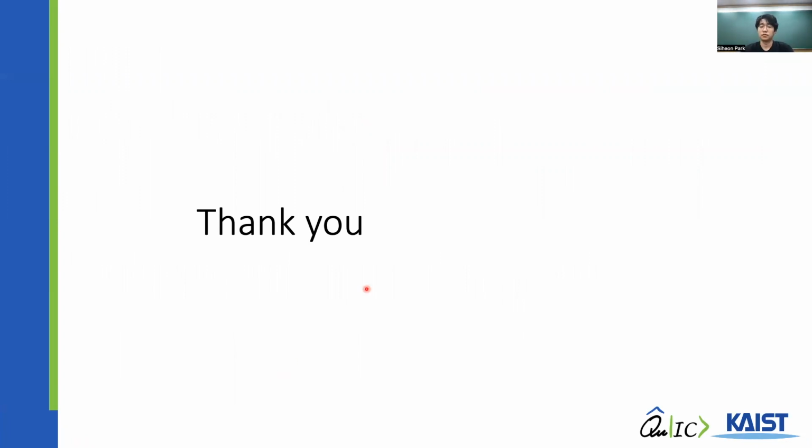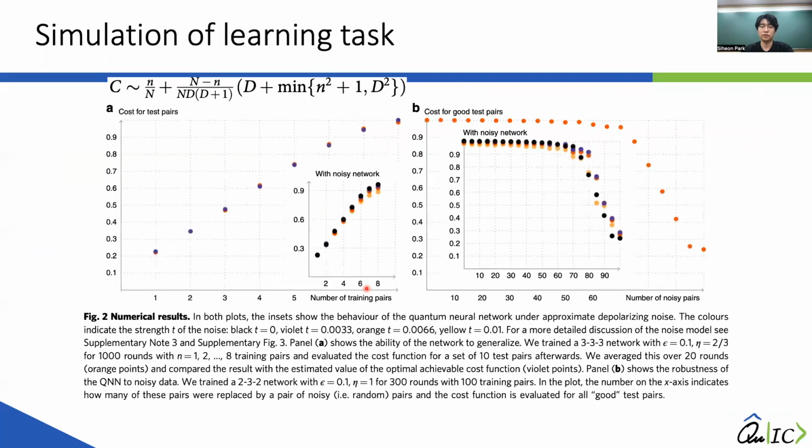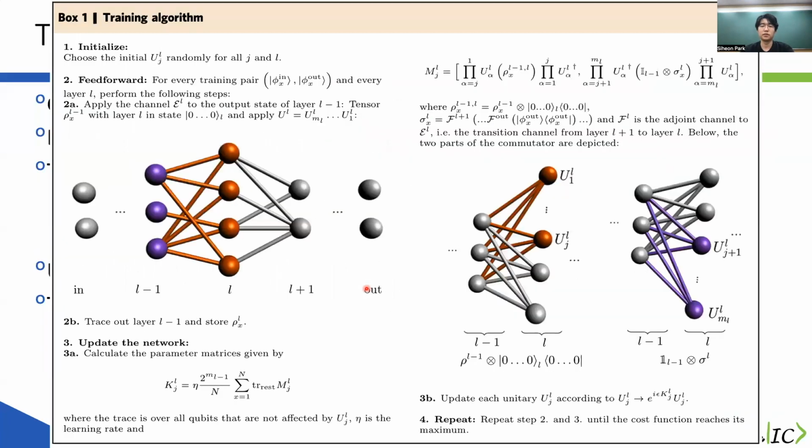Thank you for the presentation. On this slide of the training algorithm, the left one is not fully connected, but the right one is fully connected between layers. I didn't understand the difference between them. Can you explain it?